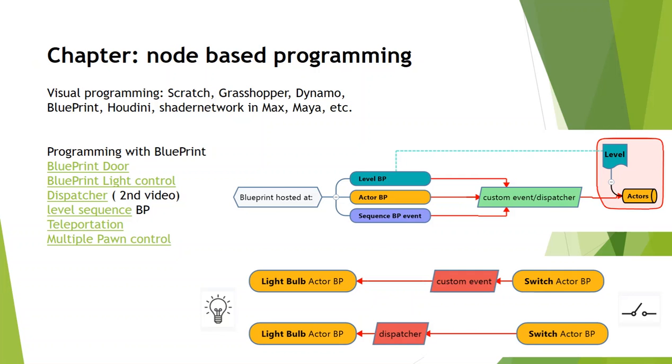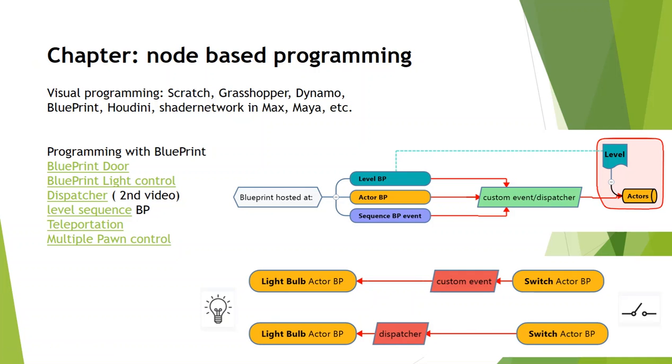The place where this interaction is saved is in the map, in the level. That's the reason this is called the level blueprint. It's a single place. You can have every single actor called in, and you can script the interactions among them.